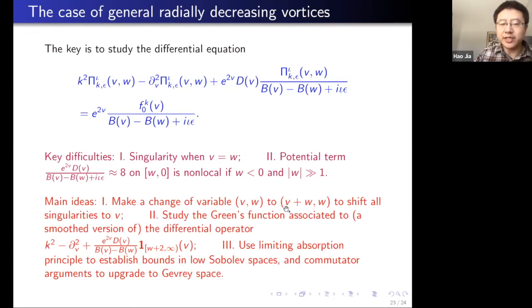For the singularity, we make a shift so that the singularity in both V and W becomes a singularity only in V. Then we study the Green's function associated with this operator rather than with that operator. Using the limiting absorption principle, we obtain preliminary estimates in Sobolev space, and then use commutator arguments to go directly from the low regularity estimates to infinitely smooth estimates in the whole space.